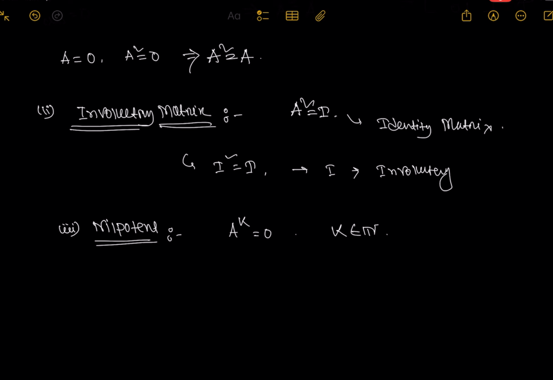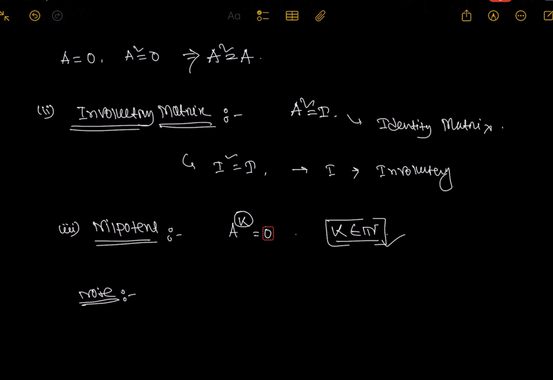Then this is called a nilpotent matrix. For this k, what is the given condition? k belongs to the natural numbers. If k is the smallest positive integer, note this is most important. Many questions are asked from there.